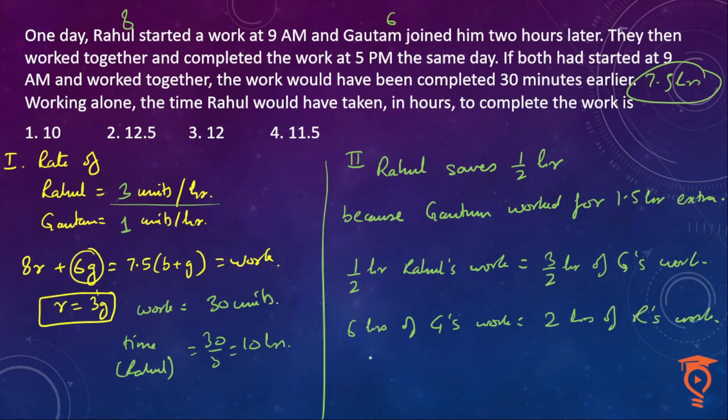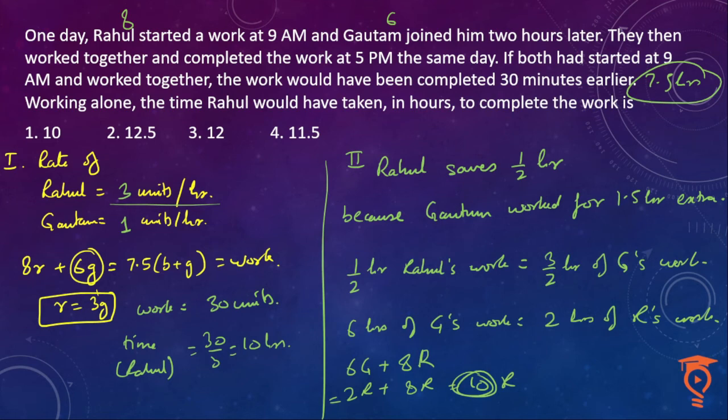So in the first case, it was 6 hours of Gautam plus 8 hours of Rahul. That would be 2 hours of Rahul plus 8 hours of Rahul. That would be equal to 10 hours of Rahul. So this also gives you the answer as 10 hours if Rahul was supposed to be working alone.